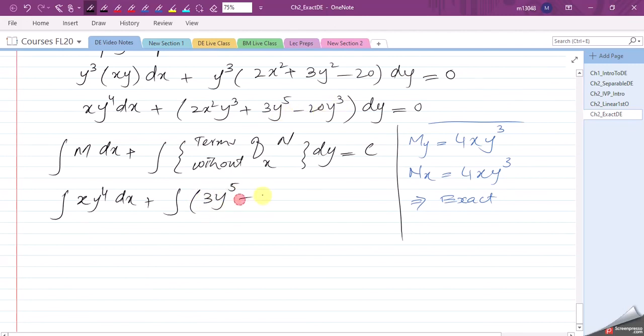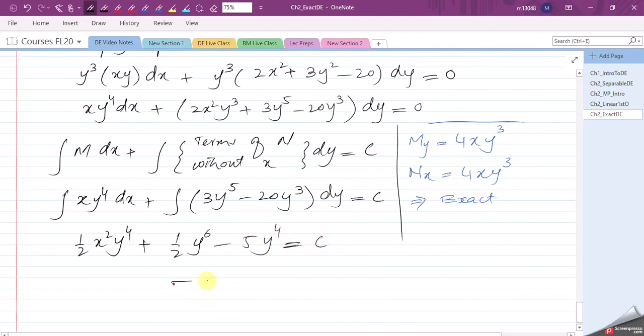We can also take this one, minus 20y³ dy equals constant. Half x²y⁴, 6y⁶ by 6, so that will be 1 by 2 y⁶, and 20y⁴ by 4, so that is 5y⁴, and that's our answer.